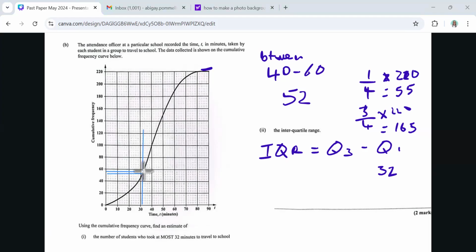Because if I draw it, it's going to be the same line or slightly higher. You go right here and then you come down. Let me use a different color. You come down. This is the same line. It can give you back 32 or 33 or so on, but I'm going to use 32 to be on the safe side. So I'm going to look for 165. It's going to be right here somewhere, and I'm going to put down my straight line.